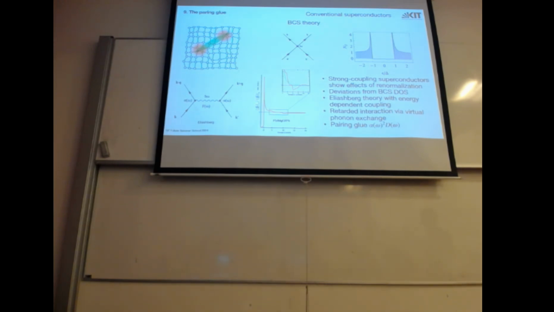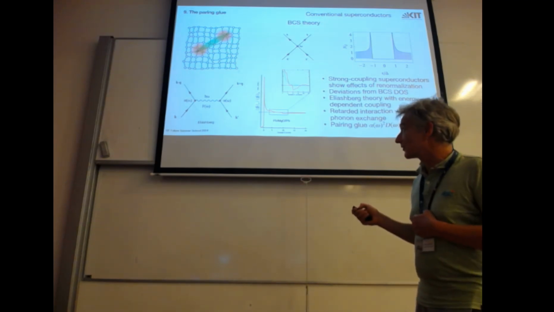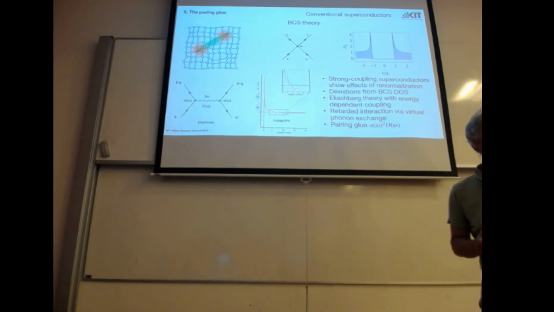This is not reality. This is an approximation for what's called the weak coupling limit. So the electron-phonon interactions are weakly coupling. If they are coupling more strongly, you see deviations from the simple BCS theory. And maybe the better way to look at it was formulated by Nambu and Eliashberg. That's most likely what you think is BCS theory, but it's not exactly BCS theory.